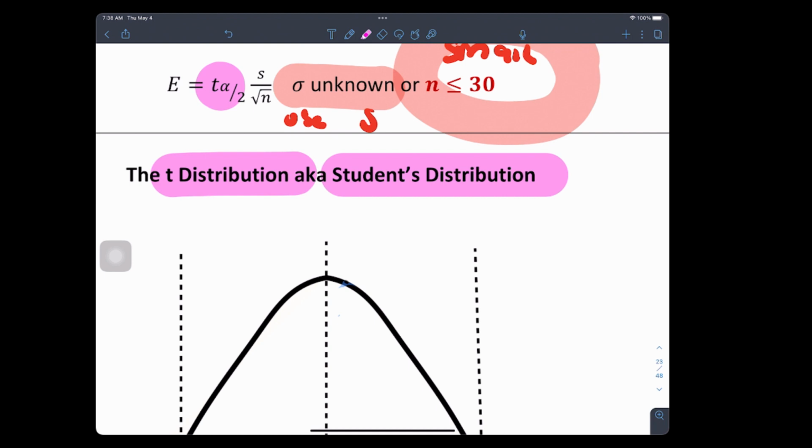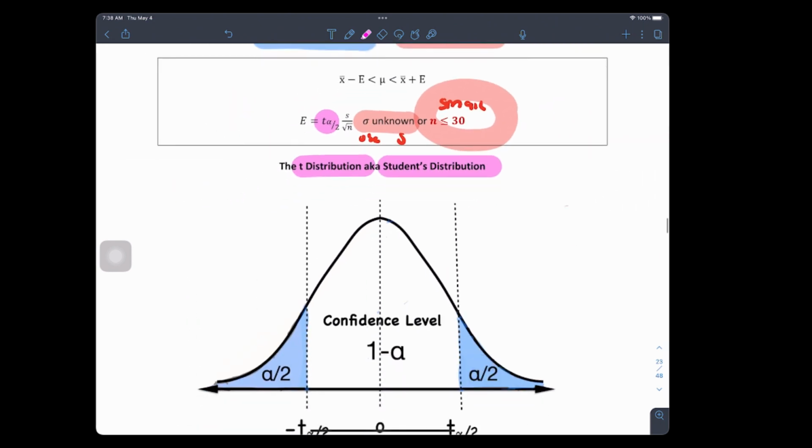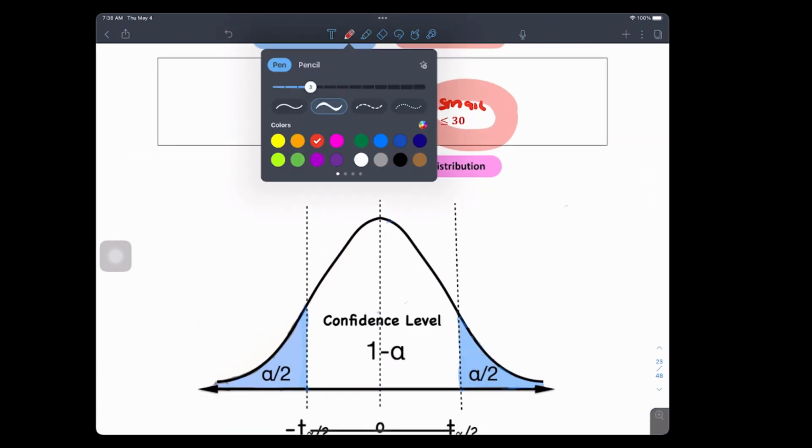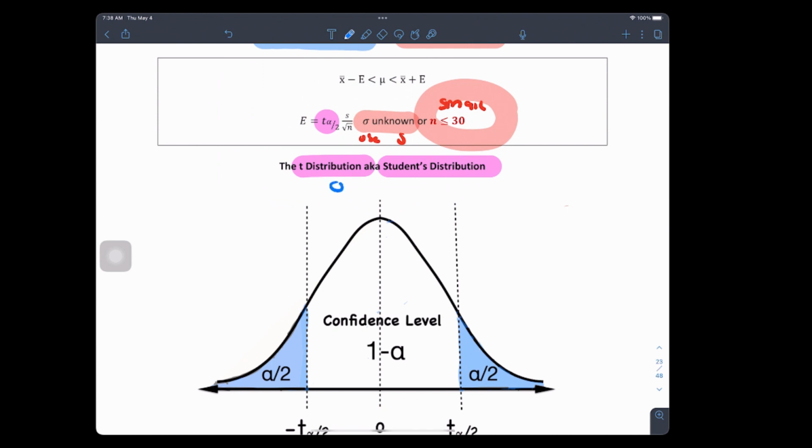So when you have an unknown population standard deviation, you're going to use the t distribution, not the z distribution. And the t distribution is known formally as the student's distribution. Now, the student's distribution, this is the name of it.